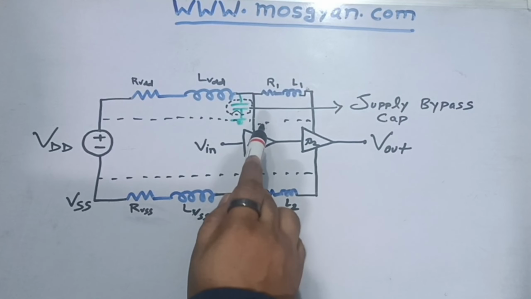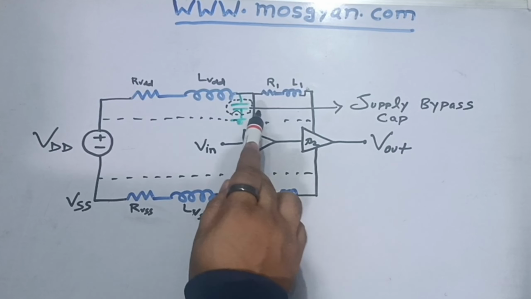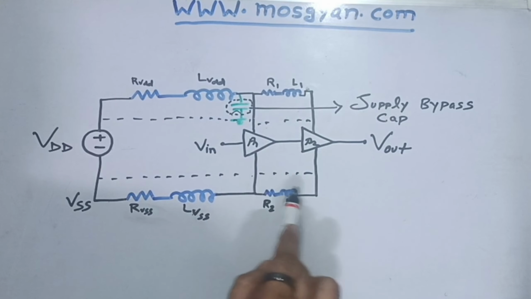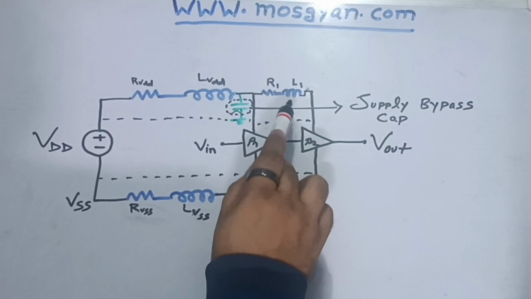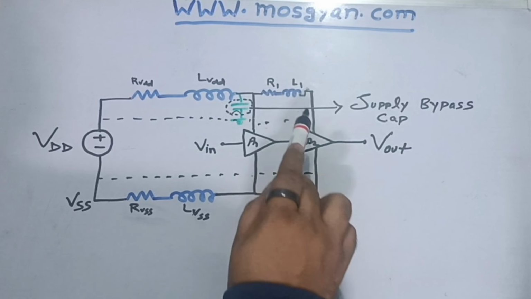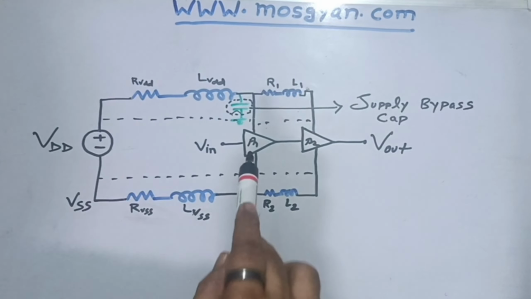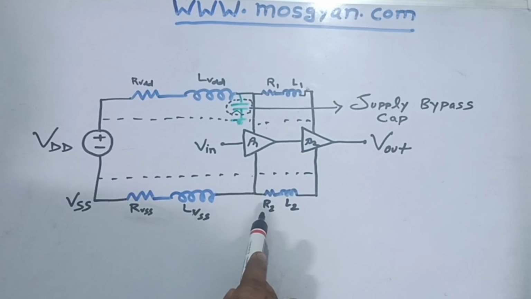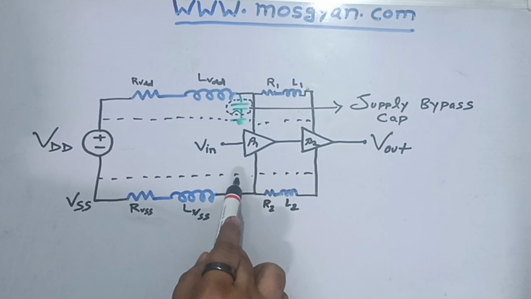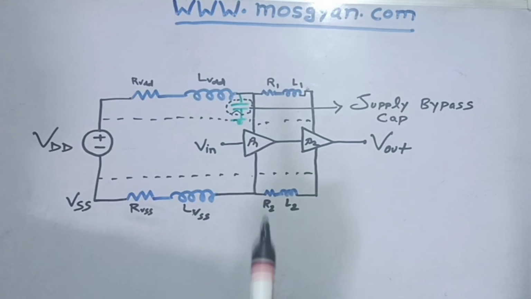Similarly, between op-amp 1 and op-amp 2, since we are trying to share the supply and ground, they will also be connected through a metal wire, so R1 and L1 will represent the resistance and inductance between the two op-amp supplies, and R2 and L2 will represent the resistance and inductance between the grounds shared from one op-amp to the second op-amp.